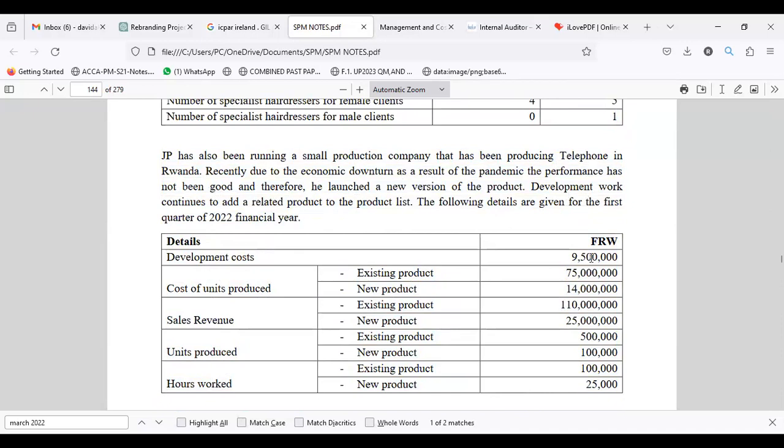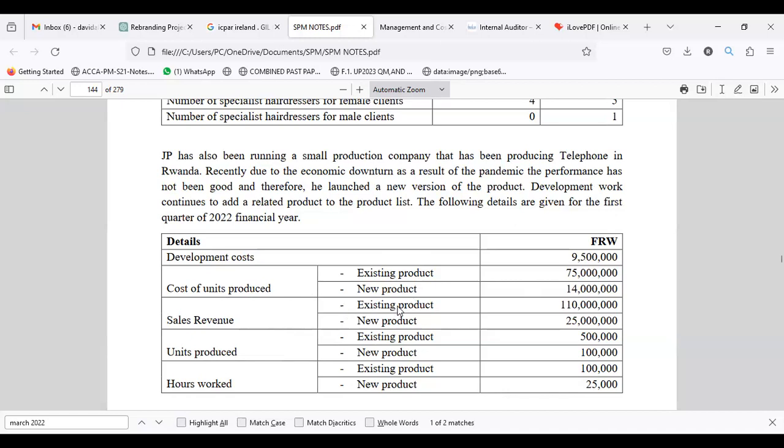They are cross-checking the development cost, which relates to innovation and learning, and units or cost of units, which are internal issues.